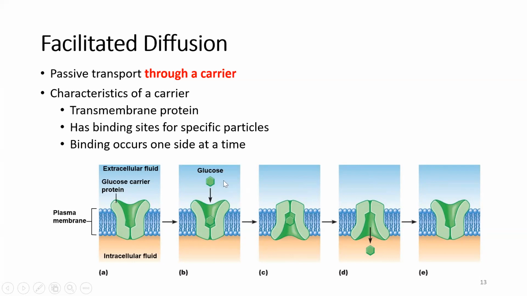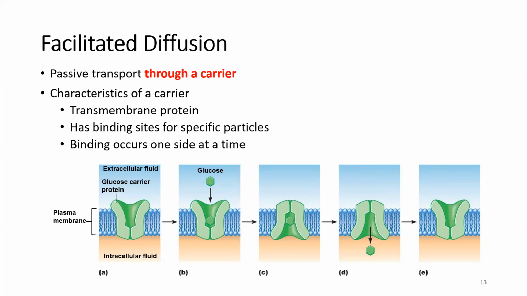So we've got a binding on one end, a configurational change of the carrier, which exposes the other surface to the intracellular environment, and then that particle can be kind of just spit out on the other side, and then the membrane can resume its shape.